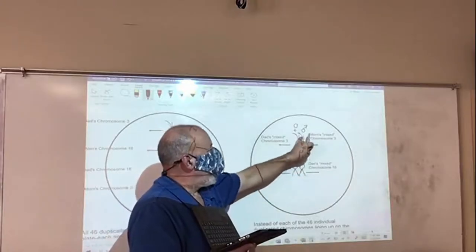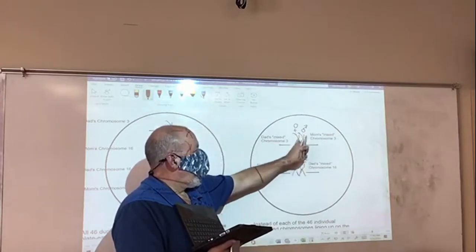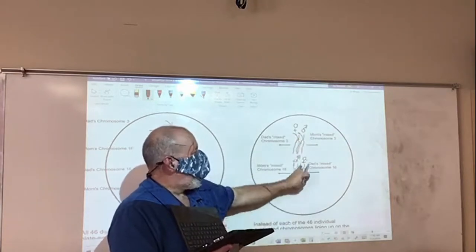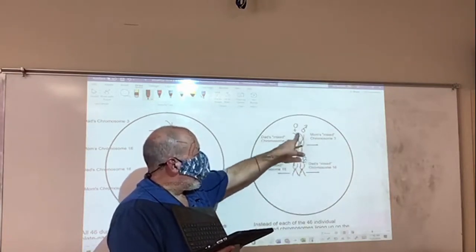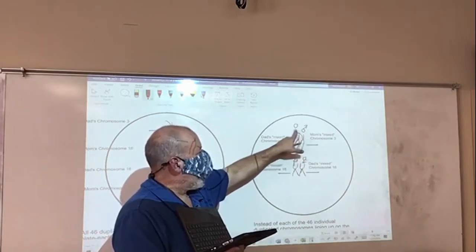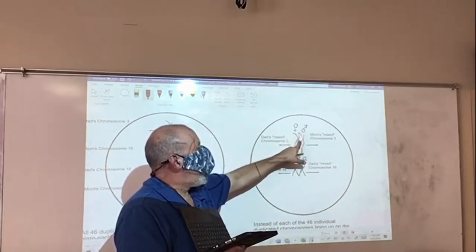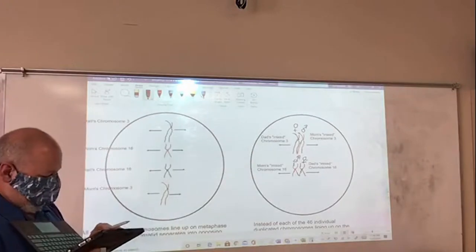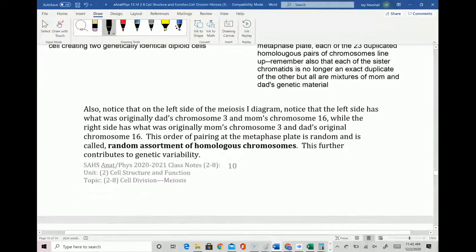And this is called random assortment. When I line the homologous pairs up on the metaphase plate, whether this was originally mom's or originally dad's is random. And this adds to the genetic variability. It's specifically called random assortment of the homologous chromosomes. Okay? So that's an important term, random assortment. So not only do I separate homologous chromosomes, it's a random separation.